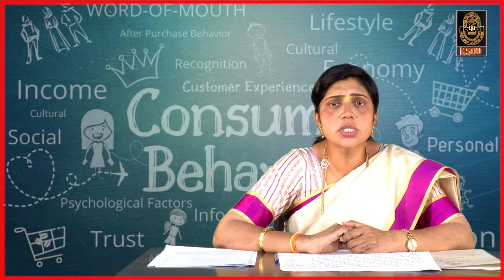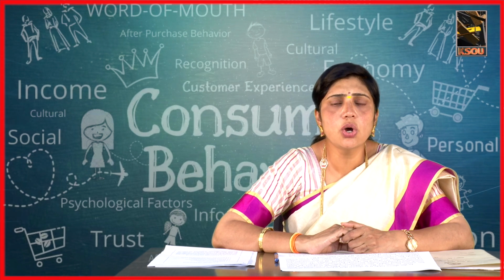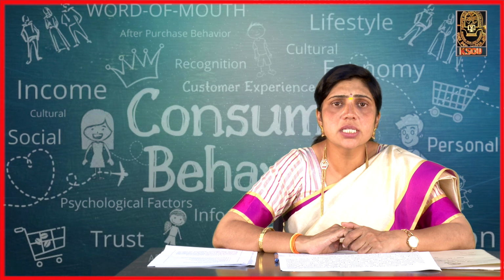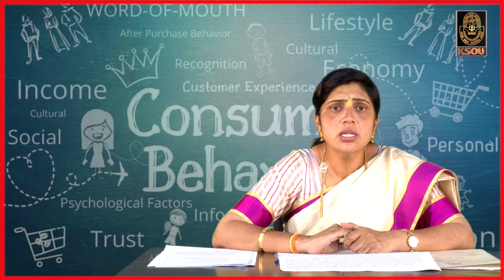The concept of consumer surplus is based on the law of diminishing marginal utility. The consumer is prepared to pay a price equal to its marginal utility. According to the law of diminishing marginal utility, as the consumption of a particular commodity increases, the marginal utility diminishes.